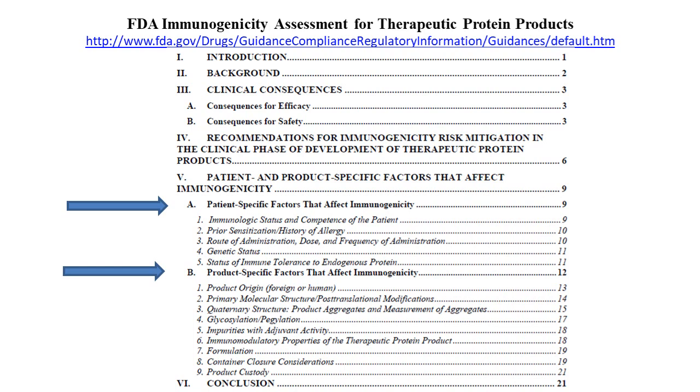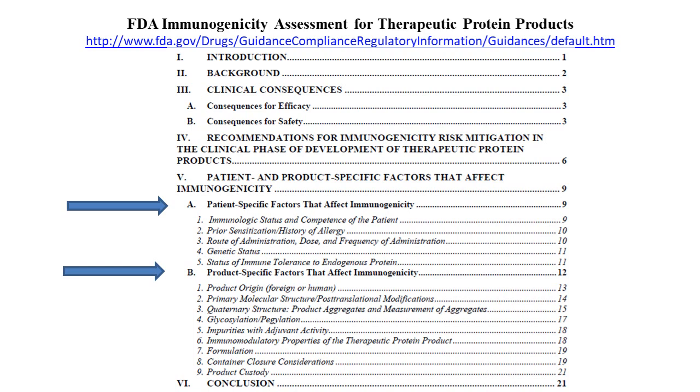So it is very important to understand from the patient standpoint what the different potential risks are for immunogenicity. And as you can see there, it's the immunologic status and competence, as I explained.